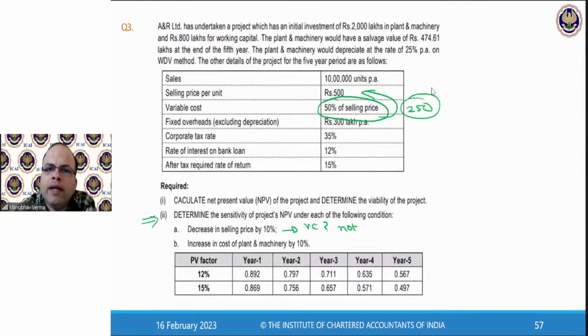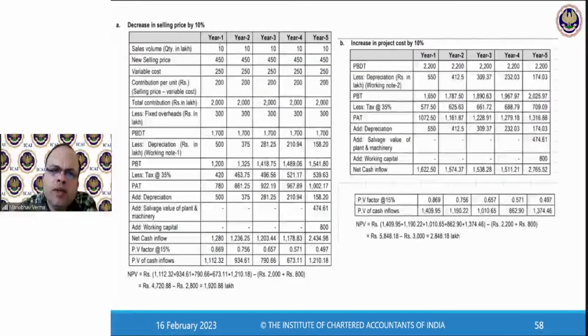So let me show you what I'm trying to say here. Sales volume remains same, 10 lakhs for all the years. Selling price has gone down. Variable cost remains same, 250. Contribution, of course, goes down, right? 200. And the total contribution is 2000 for all the years. Fixed cost remains the same.